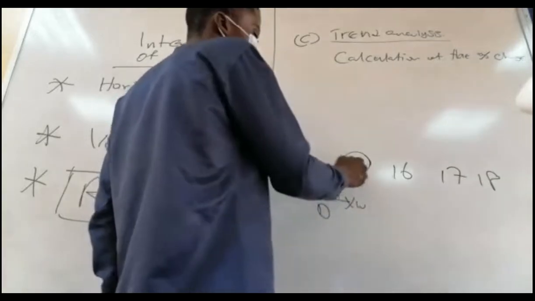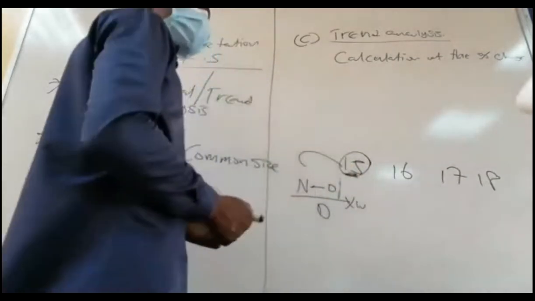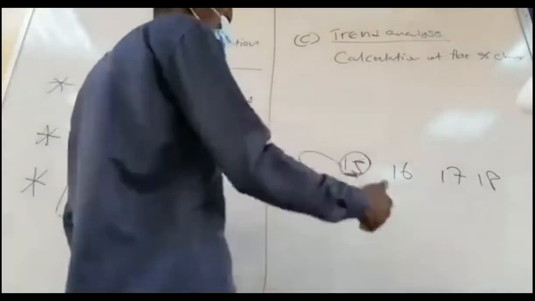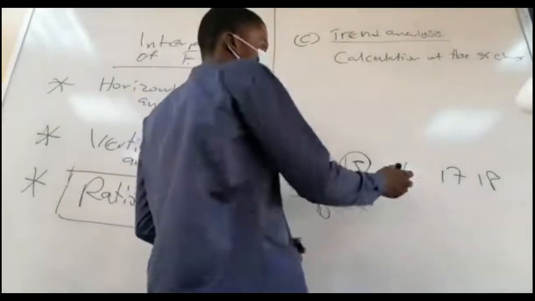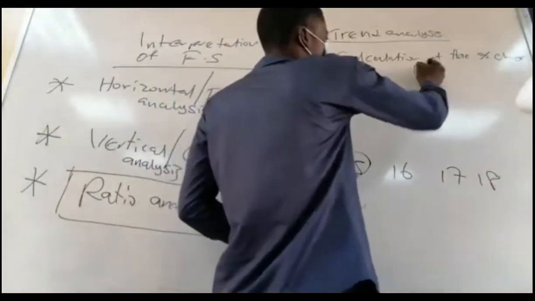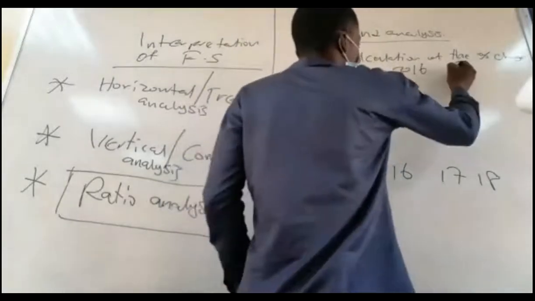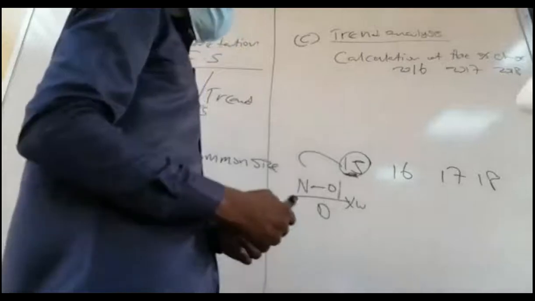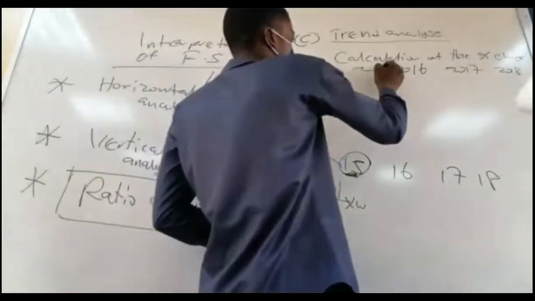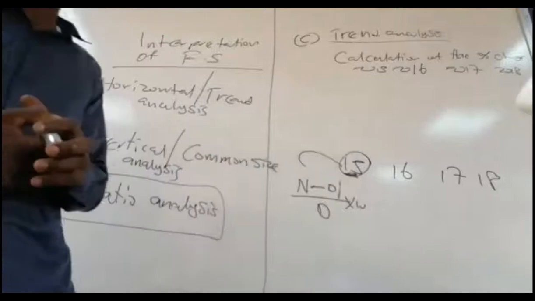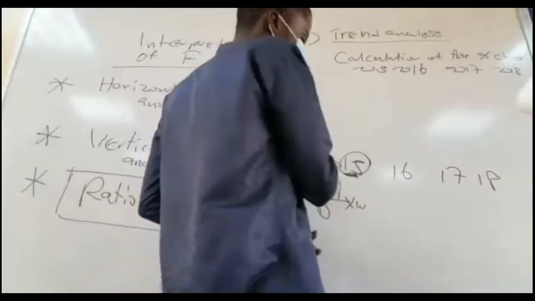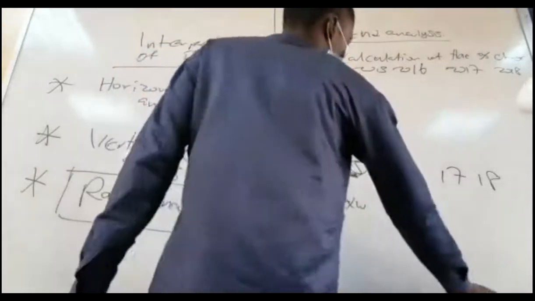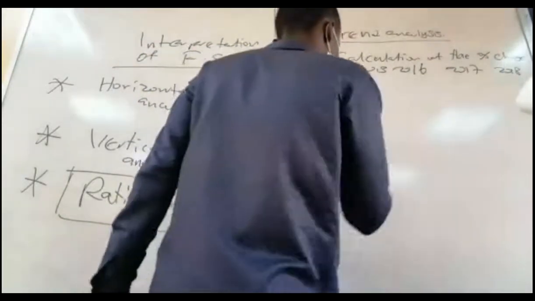So in 2015, we can't get the old, which is 2014, unless that's the starting point. So with the trend analysis, we start from 2016, 2017 and 2018. Even if you write 2015 here, don't put any figure there, just dashes. Why? You can't get the change. You put dashes there, then you are done. So that is the game.